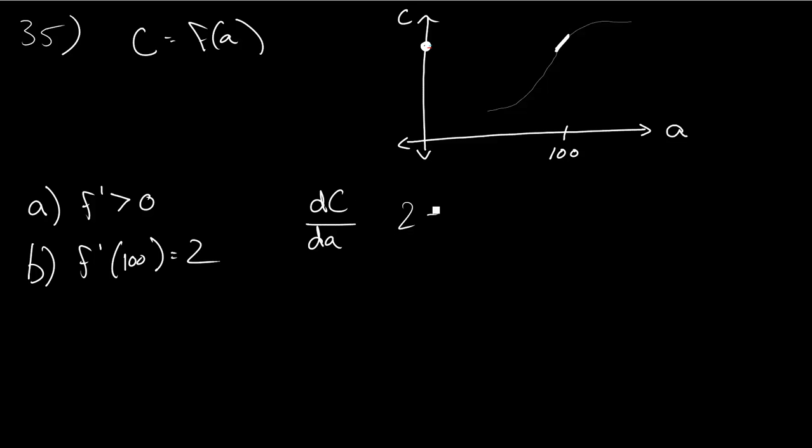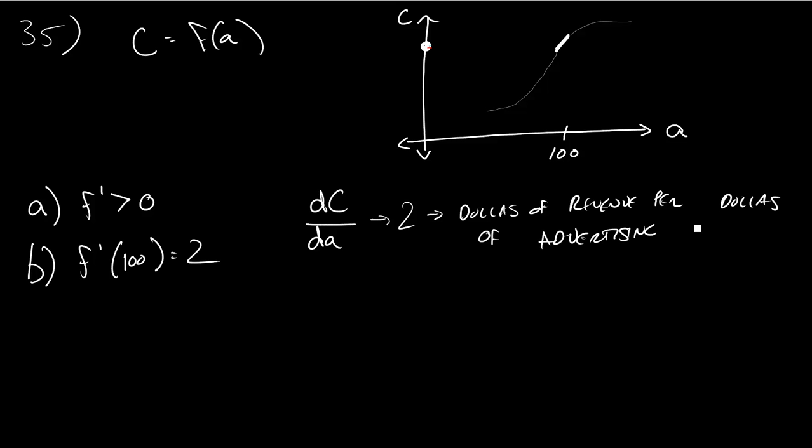So the 2 is $2 of revenue per dollar of advertising. All right, so that "per" is kind of the key there. It's the thing on the top, per the thing on the bottom. So now let's put the whole statement together and figure out what it means.